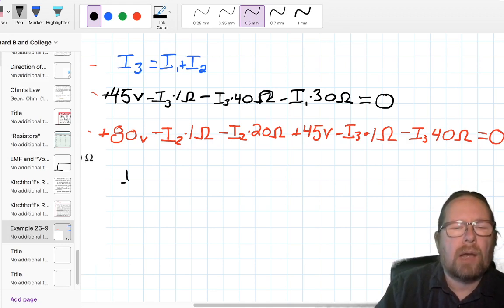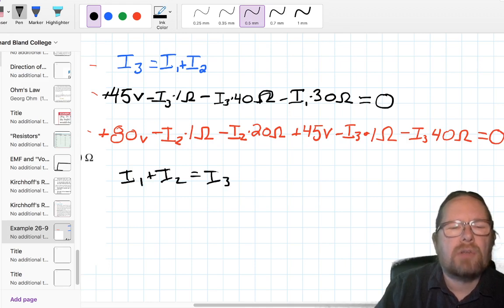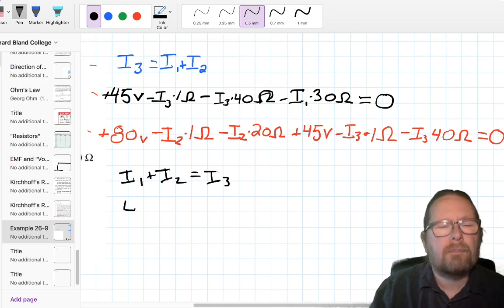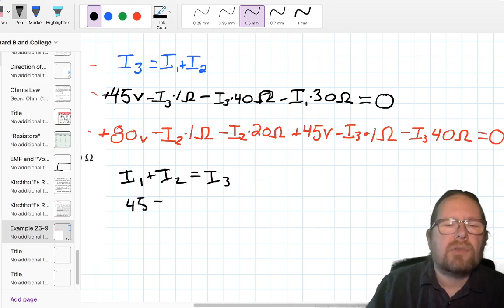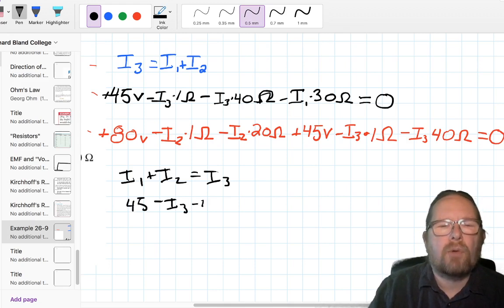I1 plus I2 is I3. That's the first equation. The second equation is 40, well, yeah, I'll leave it here. 45 minus I3 minus 40 I3 minus 30 I1 is 0.